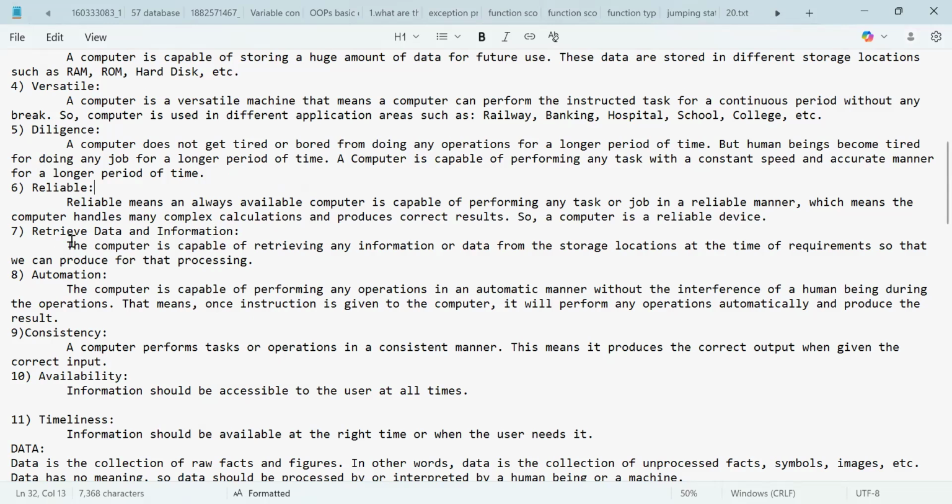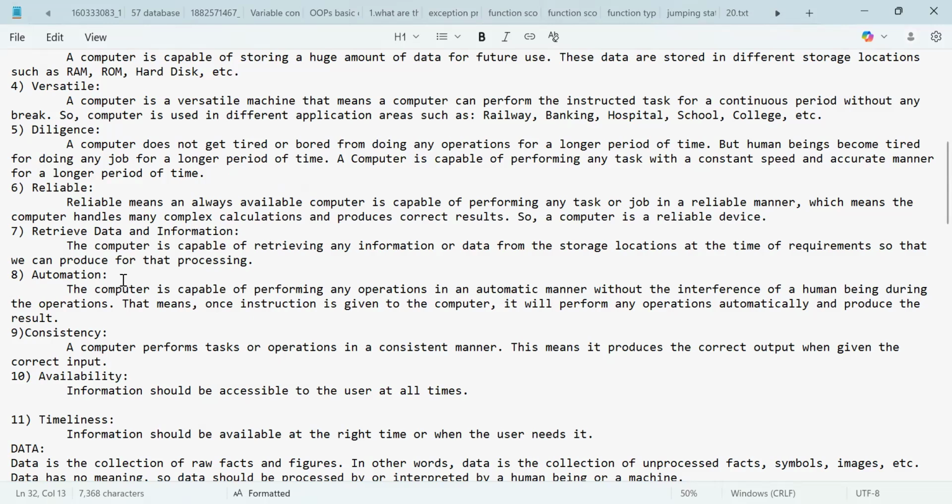Next one is retrieving data and information. It means it is capable of retrieving any information or data from the storage location at the time of requirement. Whenever we require it, it processes and gives the results and information.